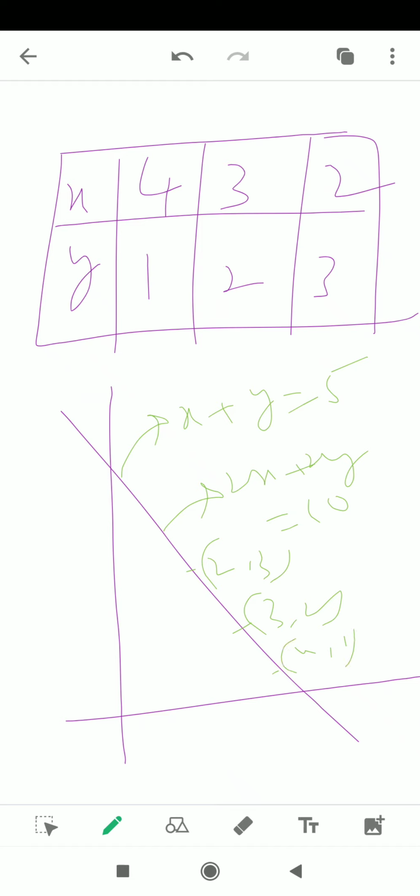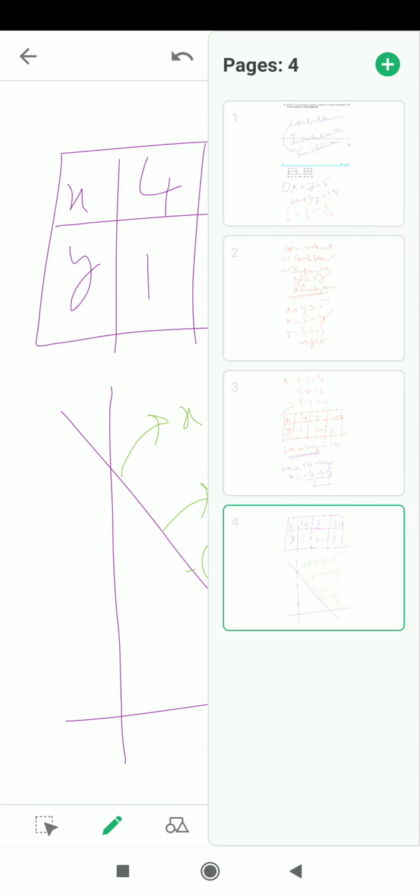So therefore this is a coincident line. The first given pair of lines is coincident, and there will be an infinite number of solutions for the given equations. Now problem 2. What is problem 2?